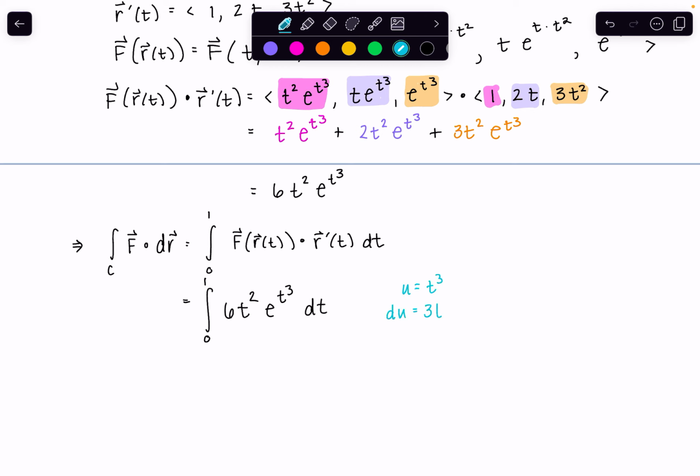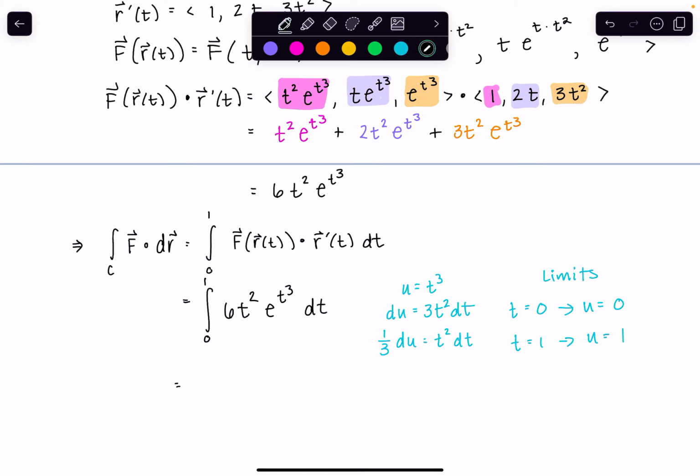Okay, so let's go ahead and change our limits as well. When t is equal to 0, u is equal to t cubed, which is 0, so thankfully that doesn't change. And this is really nice because when t equals 1, u is 1 to the third. The limits get to stay exactly the same, so I don't have to do any work to go back. The 6 times the 1/3 is going to leave me with a 2.